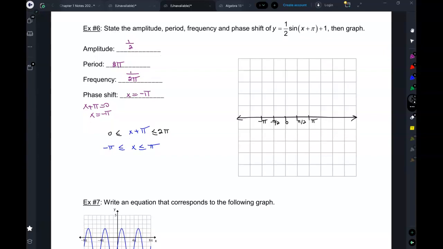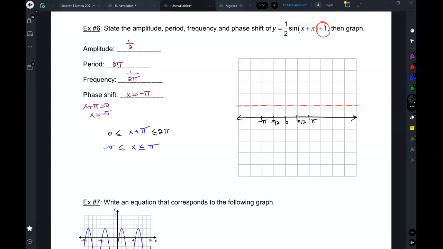What else do I have here? What's this business about? That's your vertical shift. We got a vertical shift over here. Plus 1. So everything shifts up 1. That means my new axis of oscillation is at y equals 1. Okay? So now, what am I graphing?